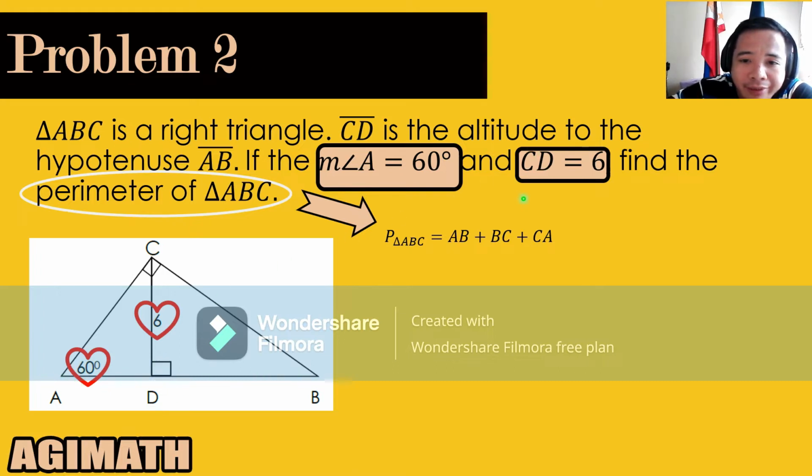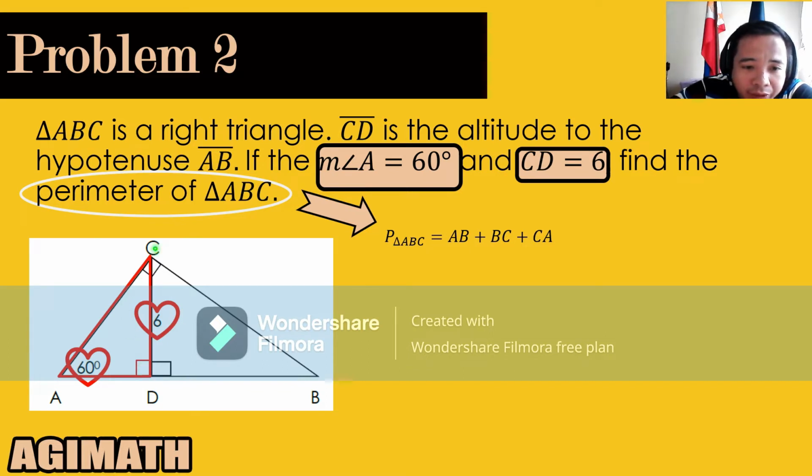And then another given, we have CD is equal to 6. Now, we are going to focus on the smaller triangle, triangle ADC, because we already have the given. Again, since this is an altitude, it means that CD is perpendicular to AB. It follows that this angle, angle CDA, is a right angle.